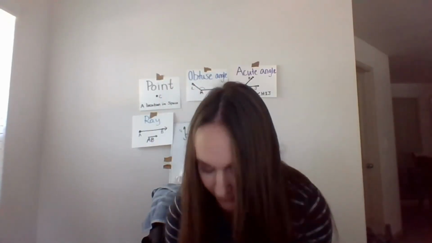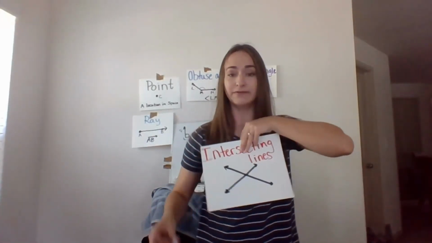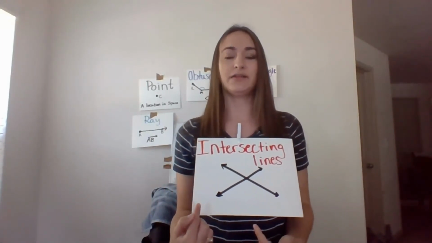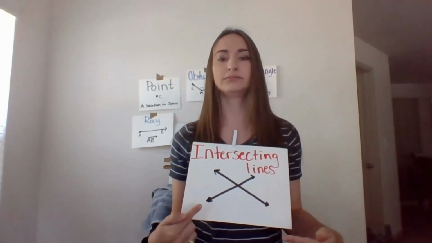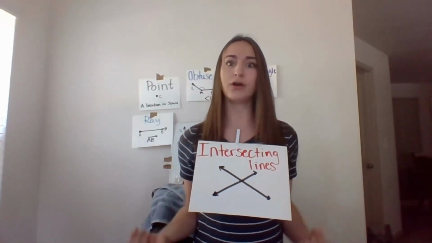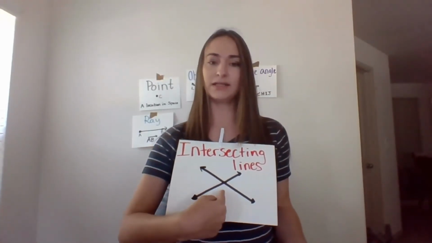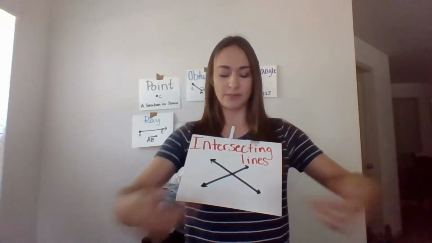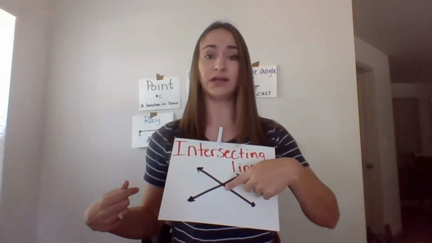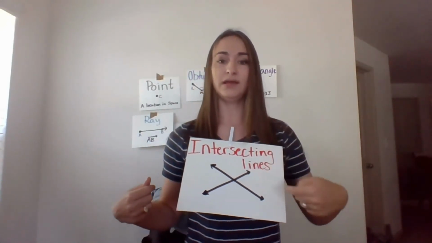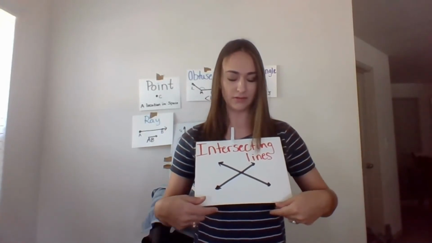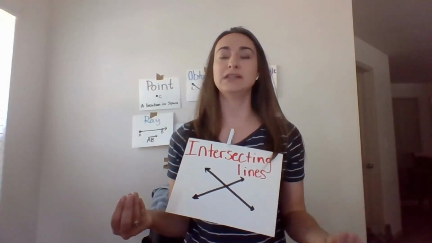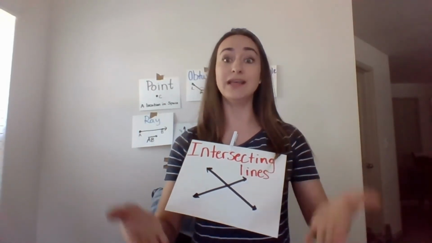Another type of lines that we have is intersecting lines. What are you noticing here? They're crossing, right? They're coming together at one single point. So parallel lines never touch, but intersecting lines do touch. They touch once. I think of intersecting lines and it reminds me of when you're in the car and you're at an intersection.